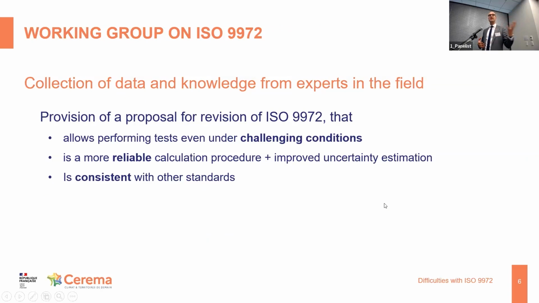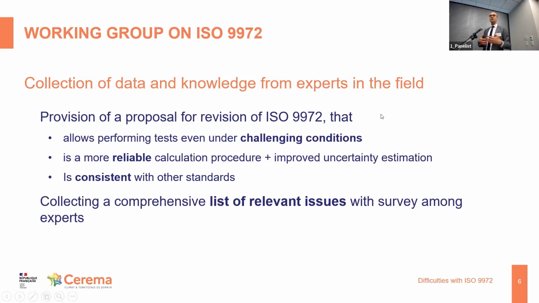Therefore, Cerema set up a working group of international experts to collect data and knowledge from these experts in the field, and to provide this for a possible revision of the ISO standard. So we would like to know better the improvements of the standard to allow the performance of the test even under challenging conditions, to make it more reliable, improve uncertainty calculations, and make it more consistent with other standards.